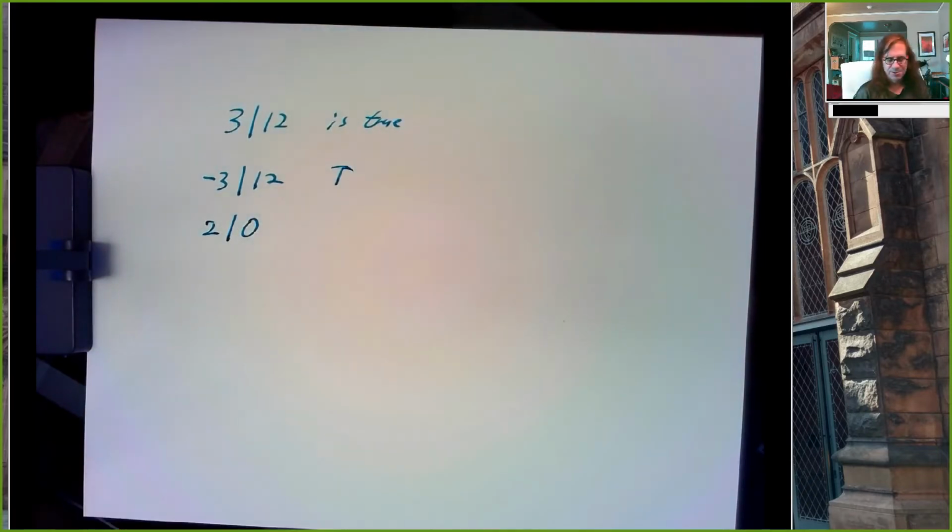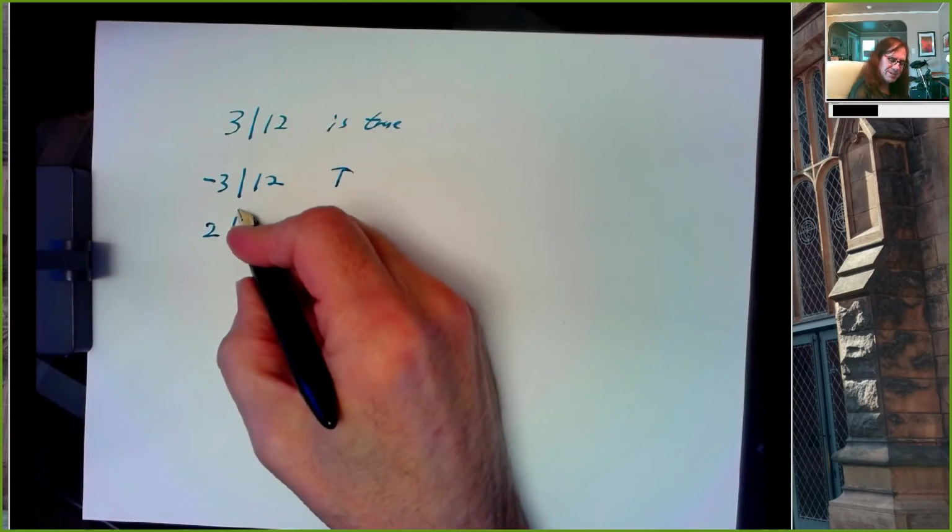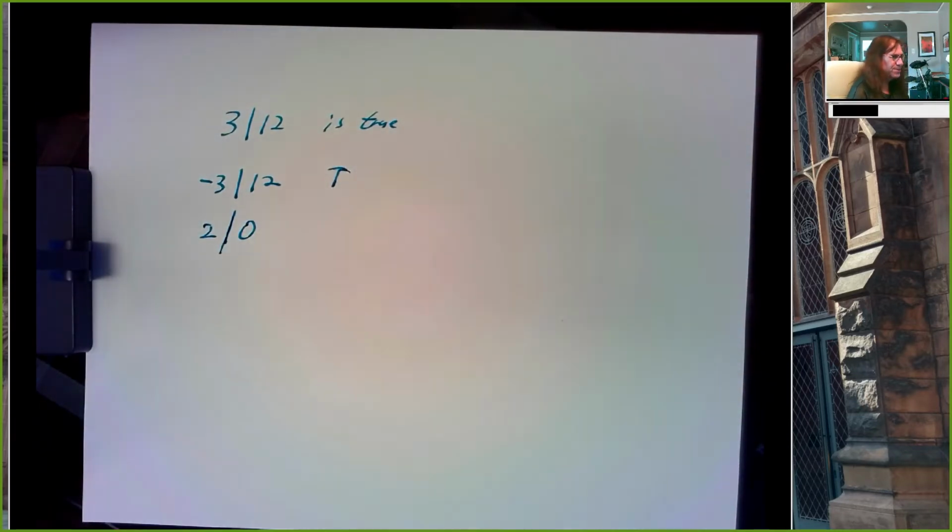How about this? 2 divides 0. And we gotta be careful, this isn't like 2 over 0. That's a vertical bar. 2 divides 0, true or false? Yeah, this is true.